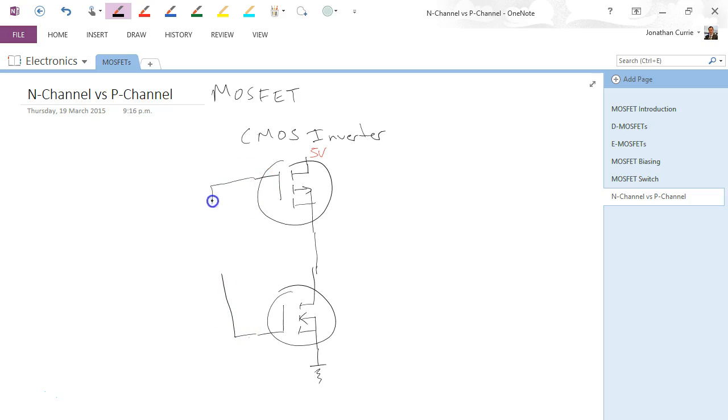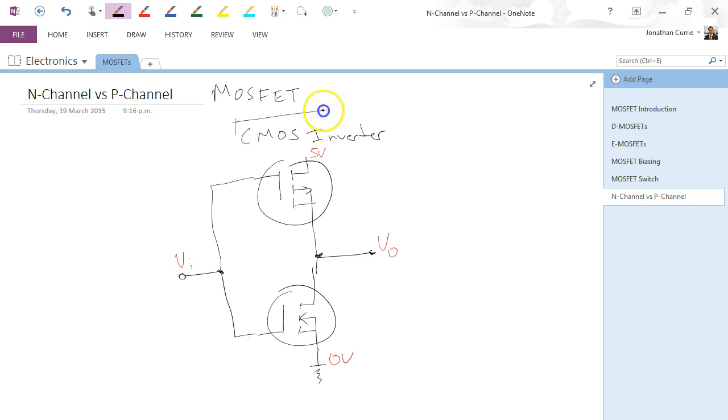And I'm going to tie the gates together and the drains and sources together. Alright, so this is 0 volts, that's 5 volts, this is the input voltage, and this is the output voltage.